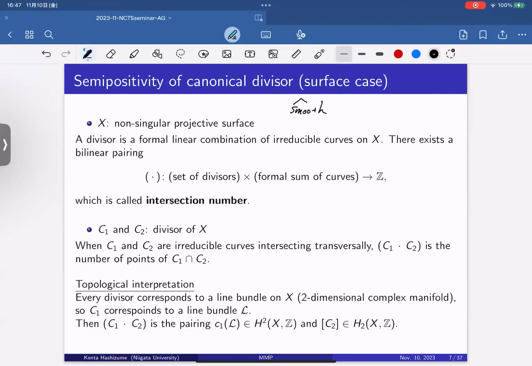Then divisors of X are formal linear combinations of irreducible curves on X. Then we can define the bilinear pairing from the product of the set of divisors to the set of integers. This bilinear pairing is called the intersection number.